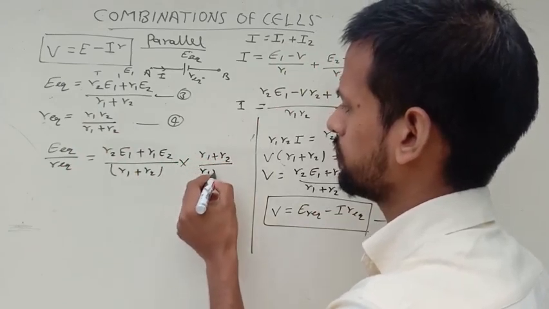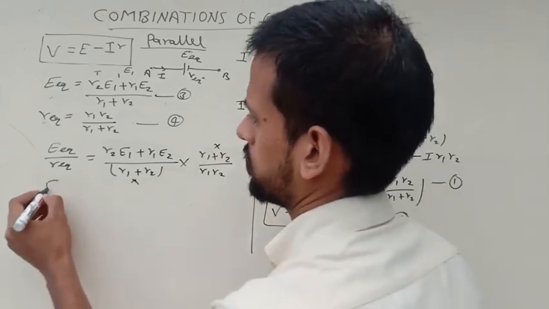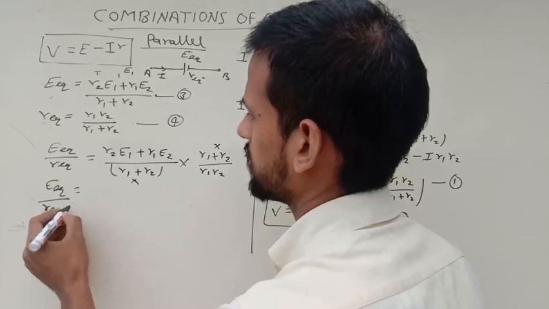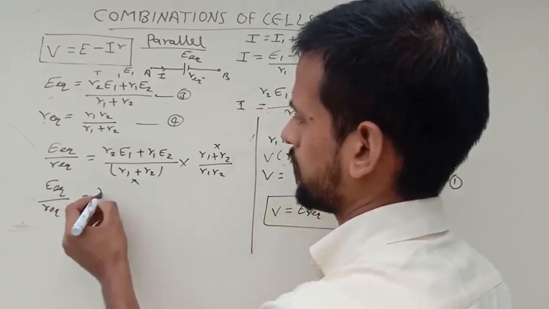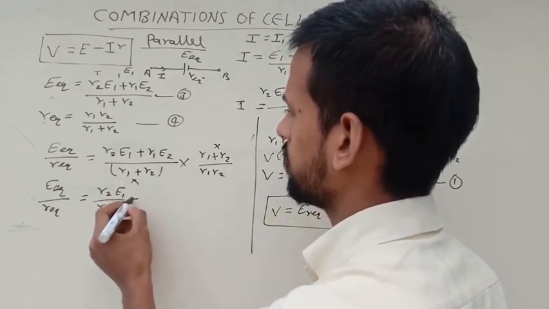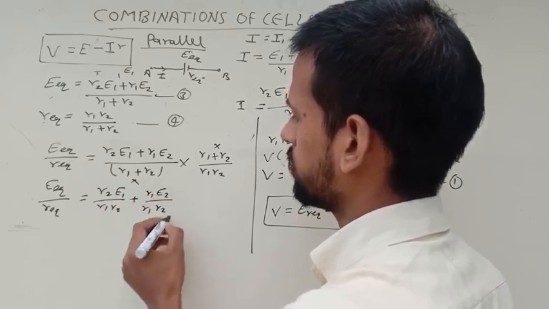So this cancels, and the equivalent EMF upon equivalent resistance is R2 E1 upon R1 R2 plus R1 E2 upon R1 R2.